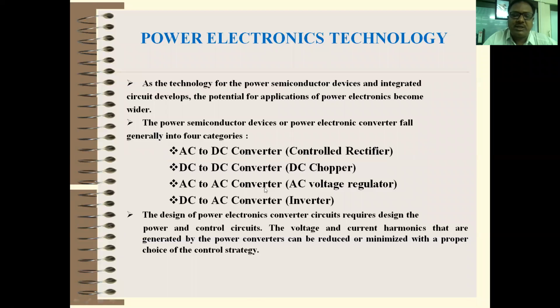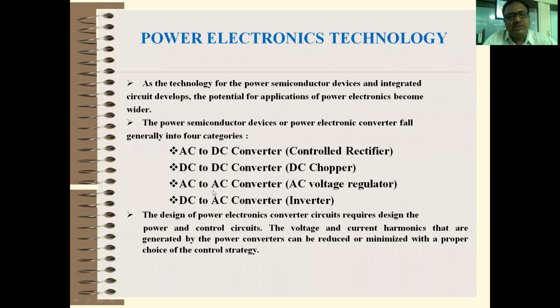And the microwave oven basically, or maybe electric cooking, in which a line frequency is converted to a high frequency. Even the tube light electronic choke is an example of an AC to AC converter.